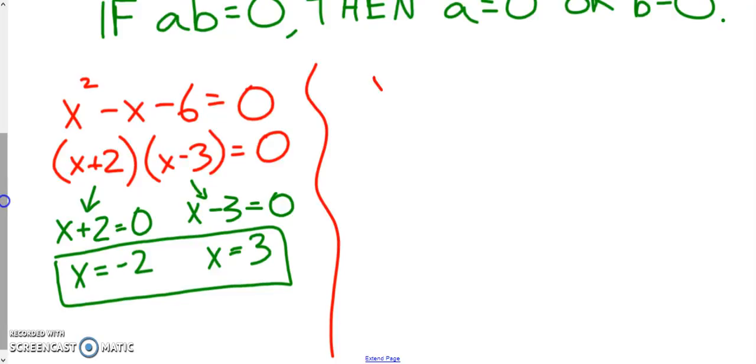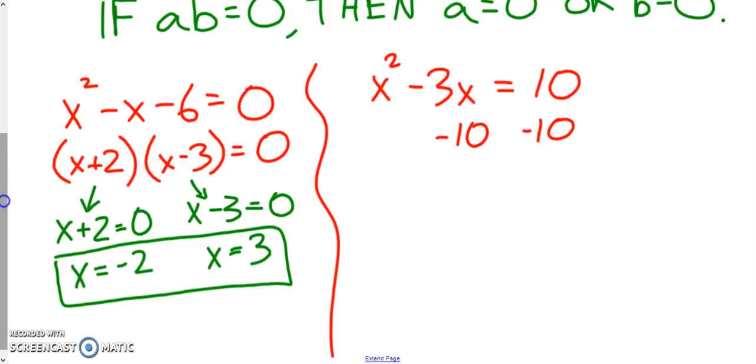What if I had x squared minus 3x equals 10? It's not equal to 0, so we have to get it equal to 0. The easiest way is to subtract 10 from each side, giving x squared minus 3x minus 10 equals 0.